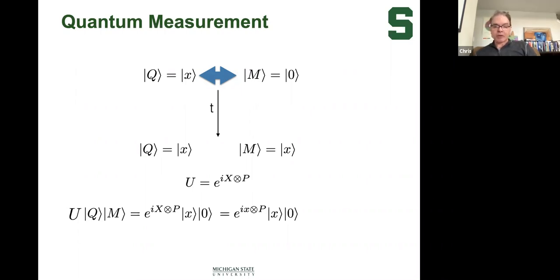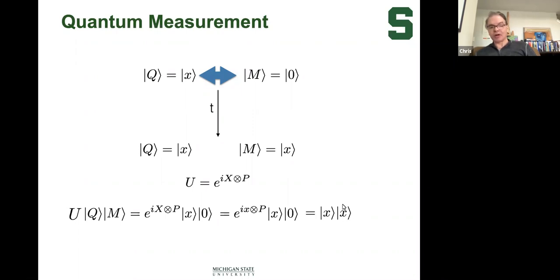Then in the next phase, I'm moving the measurement state using the momentum operator. As you remember from Quantum Mechanics 101, it moves it exactly by X. So what I've achieved with this operator is to go from the product state, where the measurement device was just in its initial state, to one where I'm copying the quantum state into the measurement state.